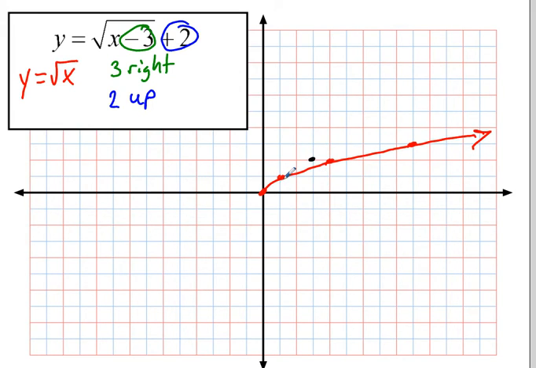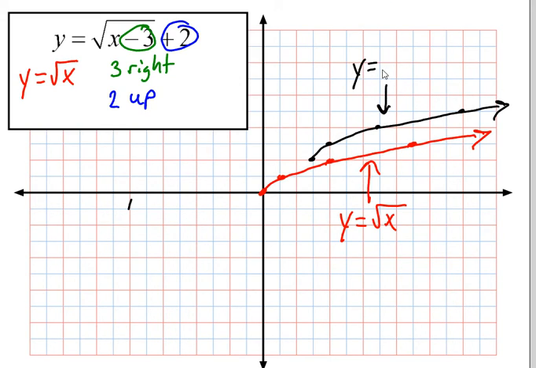Our 1, 1 point, same thing. There we go. So our red graph is our mother function, y equals square root of x, and our black graph is the graph of the actual function that we're concerned about, and that's y equals the square root of x minus 3, plus 2.